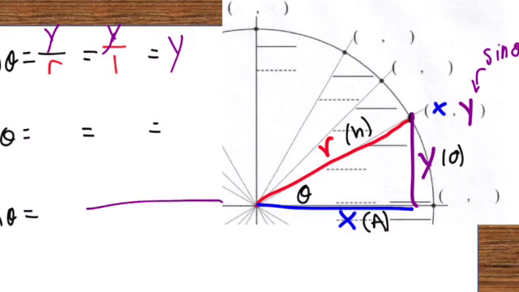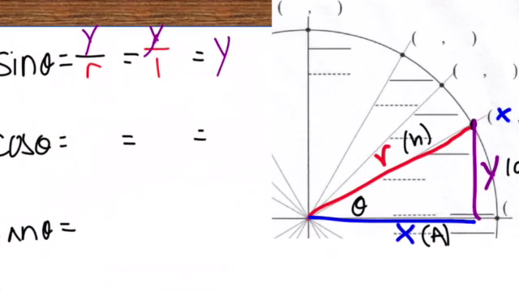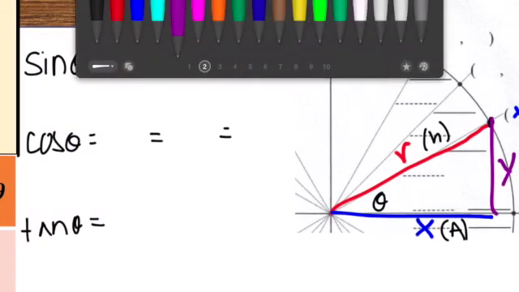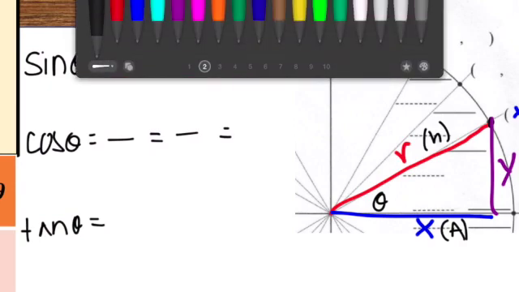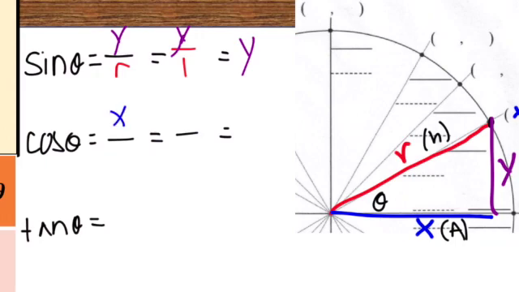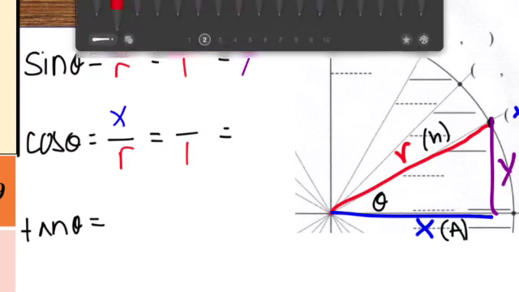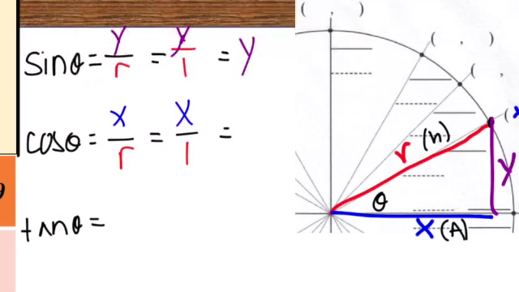Let's look at cosine. I wonder what cosine is going to become. We know that the cosine is the adjacent divided by the hypotenuse. So my adjacent side is x divided by the hypotenuse, which is r. We know the radius is really 1, so x divided by 1 is really just x.